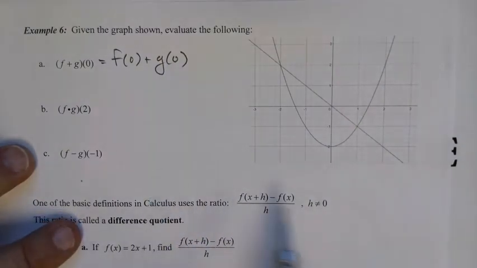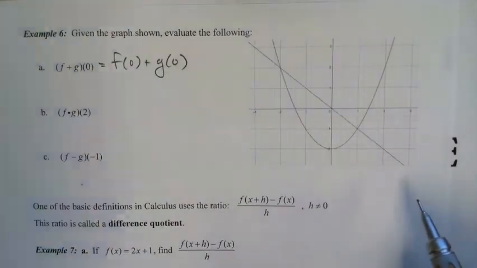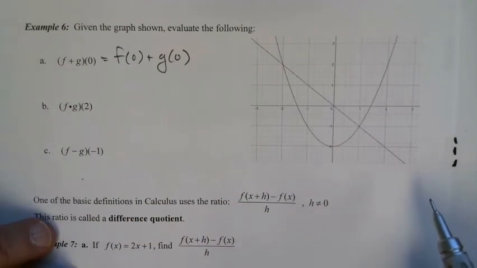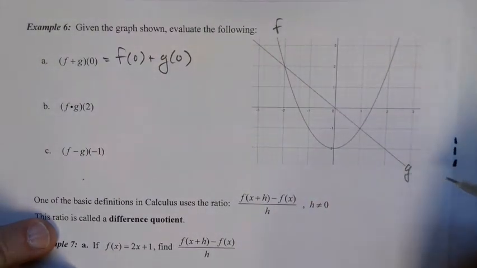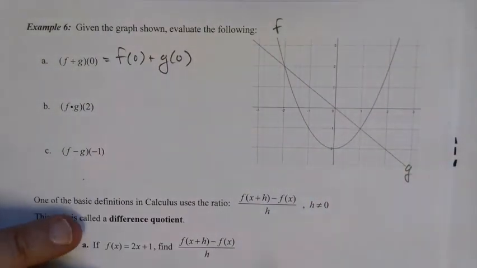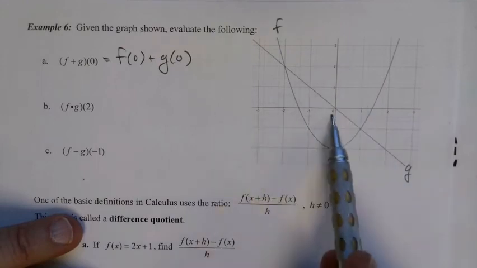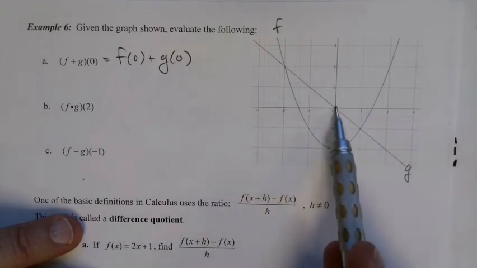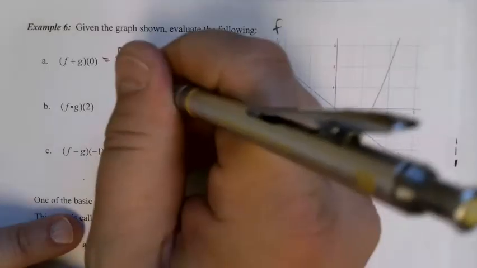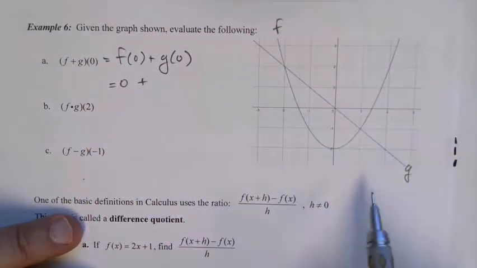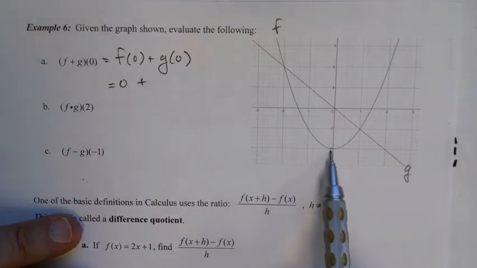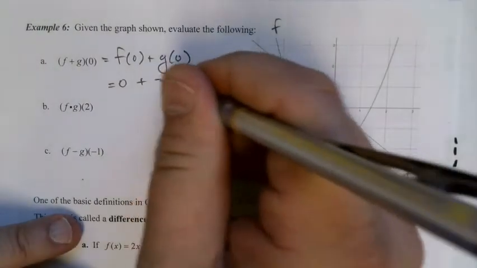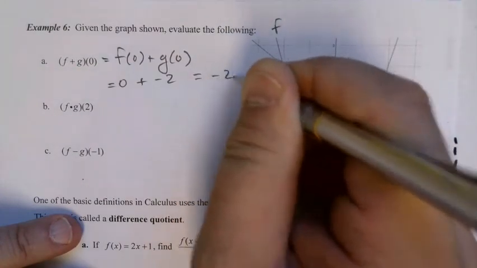Well, f of 0, if I put in 0, you know what? I never said which one of these was f and g. So I'm going to say this is f, and this is the graph of g. So f of 0, I have to find 0 on the x-axis and find where f crosses it, right there. So this is equal to 0 plus g of 0. So I find 0 and I go down to g. There's g, and g looks like it is negative 2. So 0 plus negative 2 is negative 2.